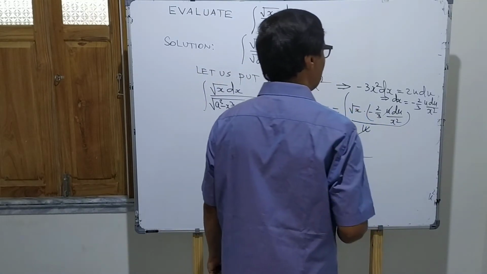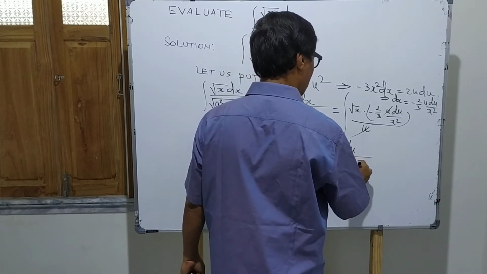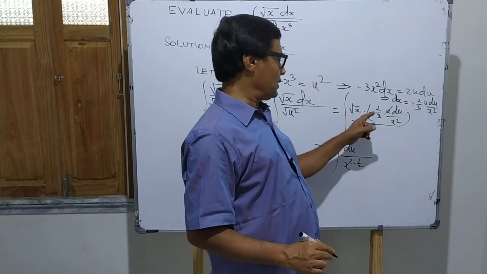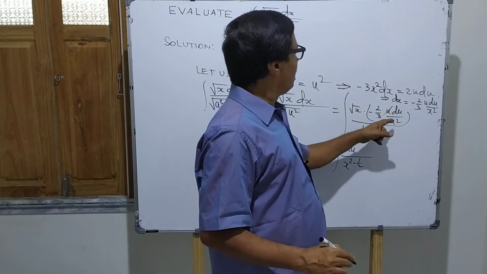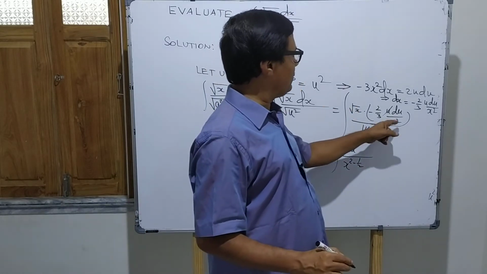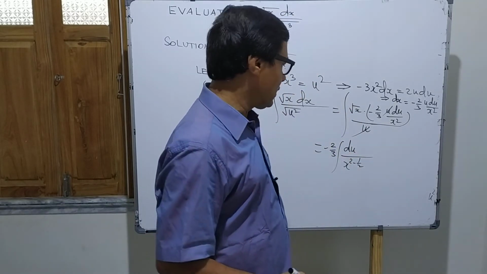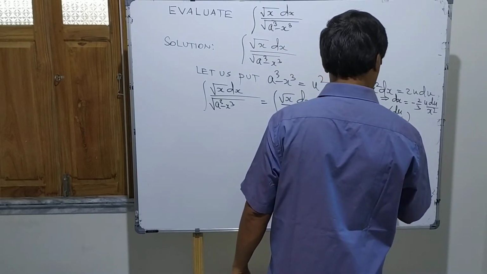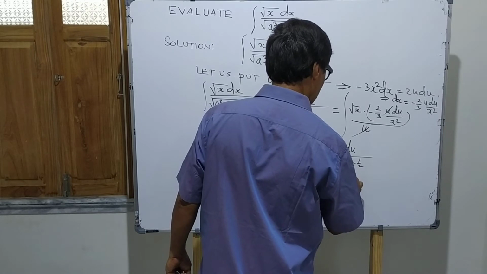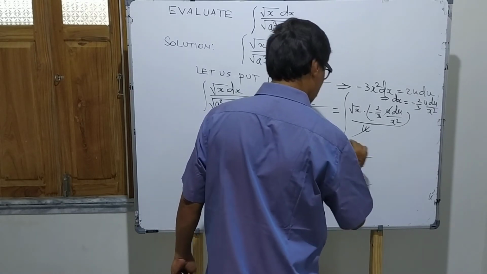After division of x square by root x, we get x to the power 2 minus half, that is, minus 2 over 3 du over x to the power 3 over 2.